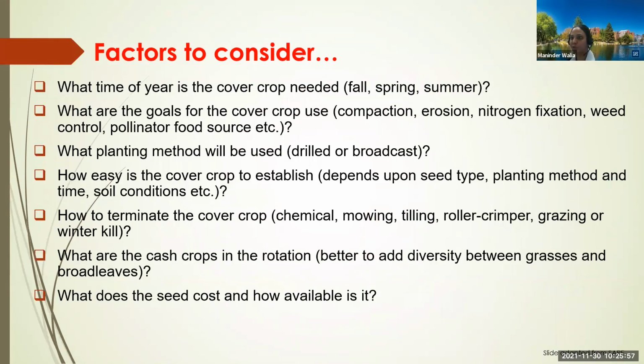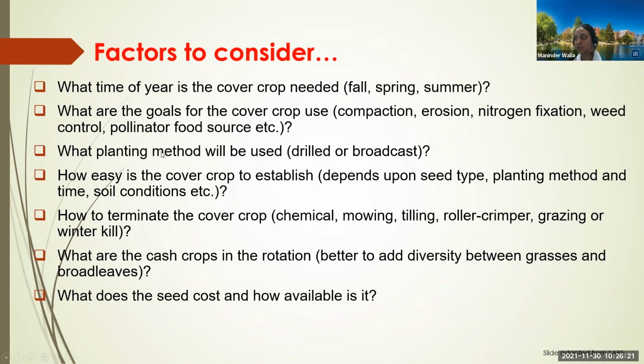So there is no right way to do this, no right way to find out which crop will work for me and which will not. We have to consider several factors to find out what our needs are. First, the time of planting: if we are looking at the fall, spring, or summer, which time we are looking to plant or cover the piece of land.